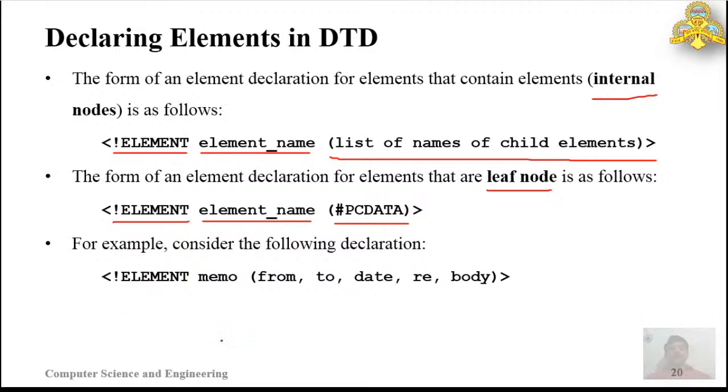So for example, here memo is an internal node and it has several child nodes, for example from, to, date, re, and body. That means we are declaring memo as an internal node and it can have these child nodes.